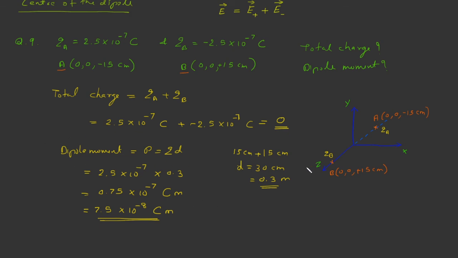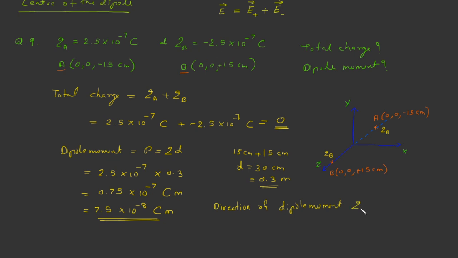But what is the direction of the dipole moment? The direction of dipole moment is along the z-axis, or we can say it is from minus q charge to plus q charge. Here minus q charge is QB.